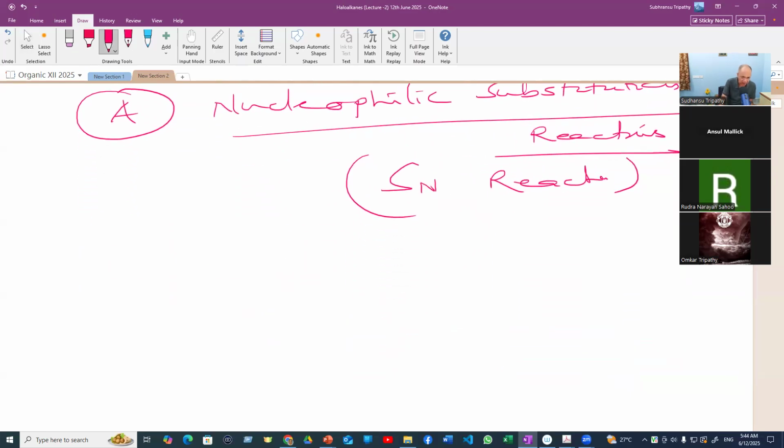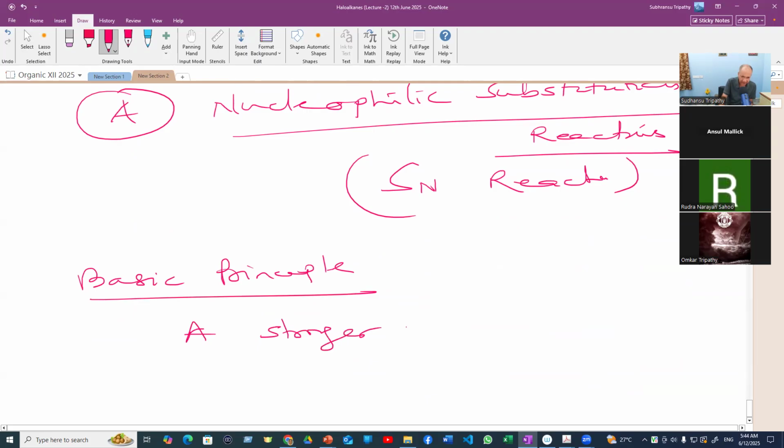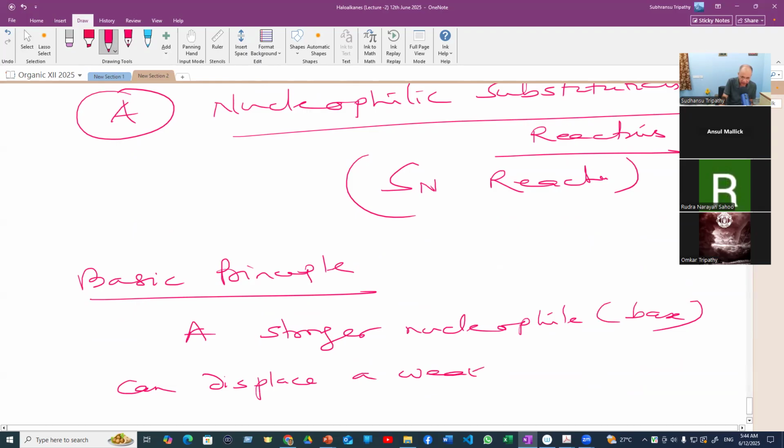Now, the basic principle for any SN process: a stronger nucleophile, in general a stronger base, can displace a weaker nucleophile. Nucleophiles are bases.